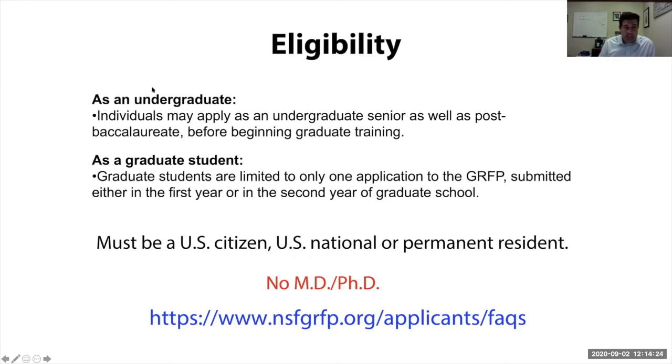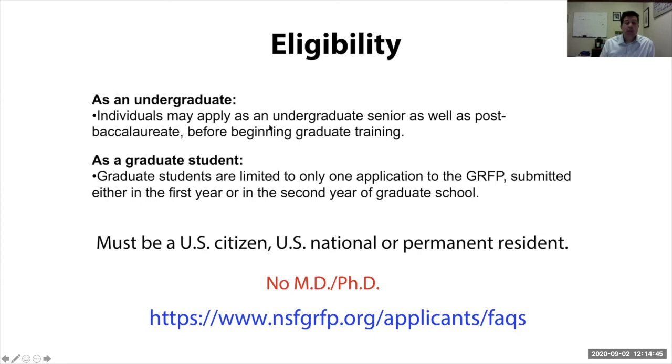So as an undergraduate, you may apply in your senior year as well as your baccalaureate time. However, that must occur before you begin your graduate training. So for those of you who are seniors right now and intend on applying to graduate school in the future or this fall, you may apply for this fellowship.